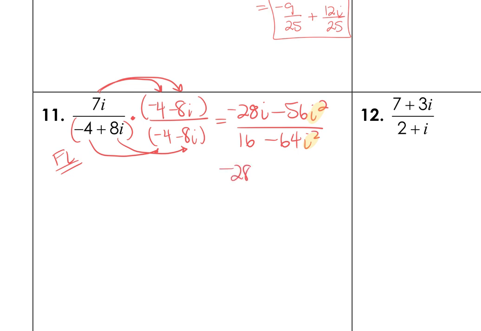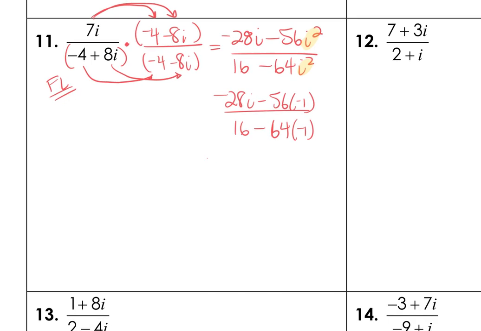So we have negative 28i minus 56 times negative 1 all over 16 minus 64 times negative 1. So negative times a negative is positive. I'm just making that change now. Down in the denominator, let's go ahead and add 16 and 64. So I'm getting 80 at the bottom.